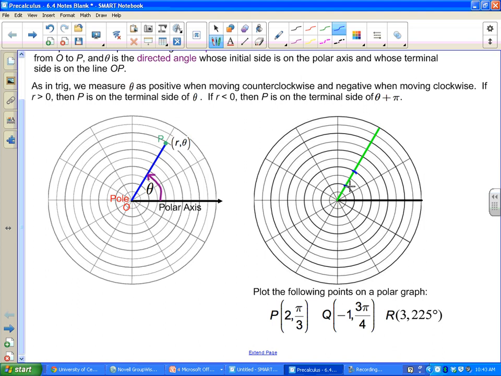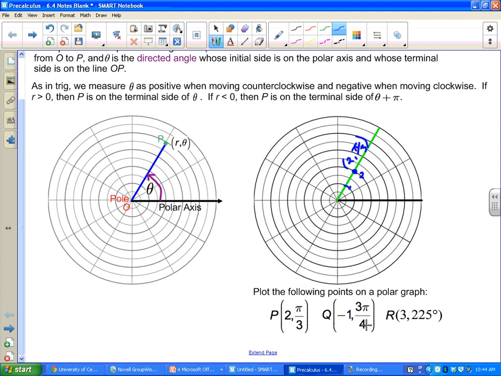So this is going to be 1, this is going to be 2. And so the point 2 comma pi over 3 is a distance of 2 from the origin on the line represented by pi over 3. Okay, so right here, 2 comma pi over 3. And so with positive r's, you go the direction that you drew your line.